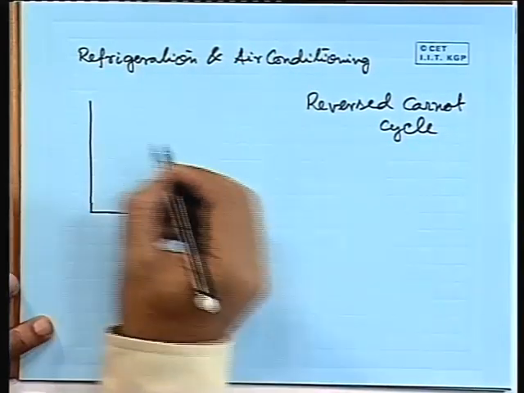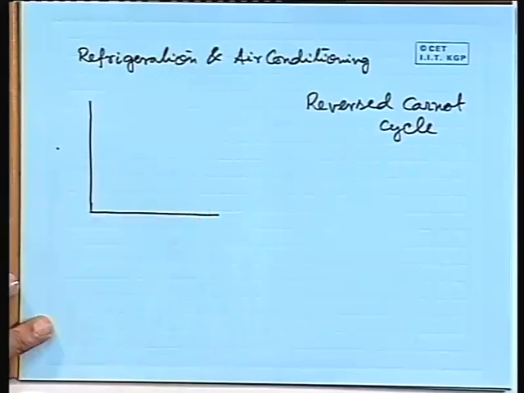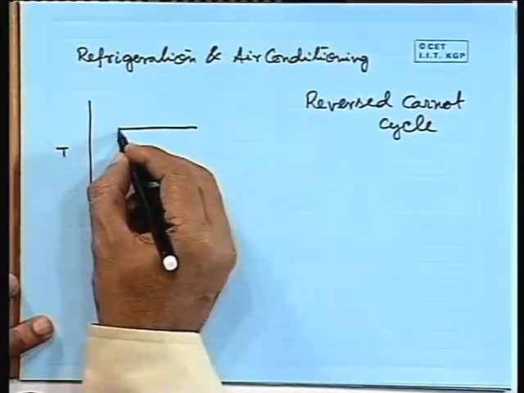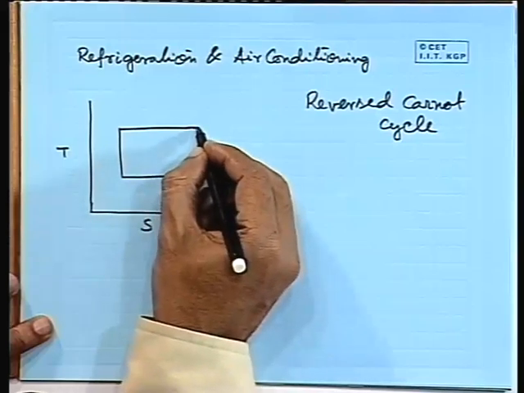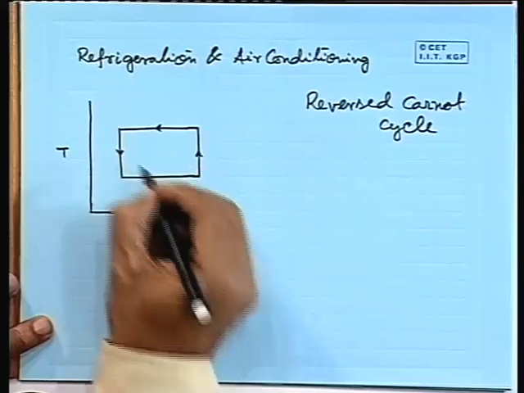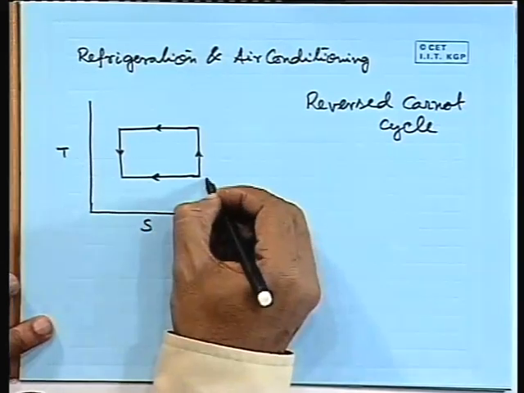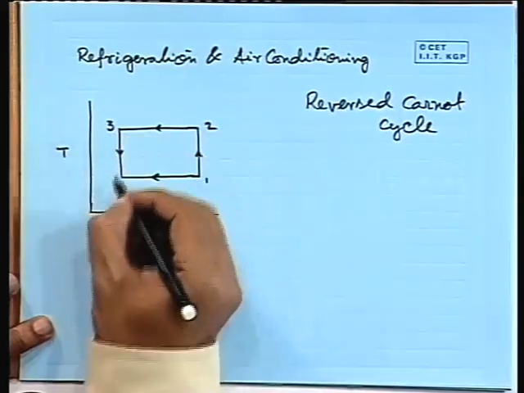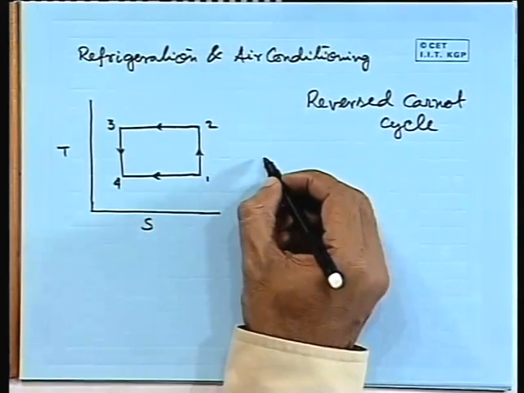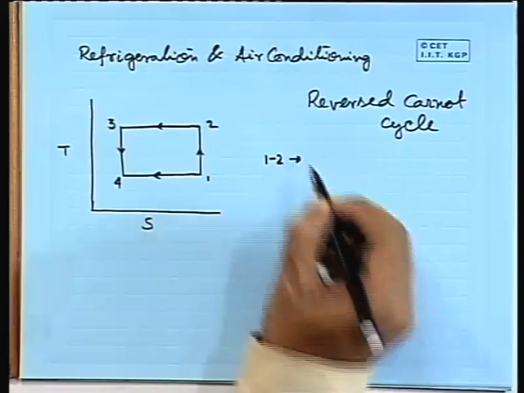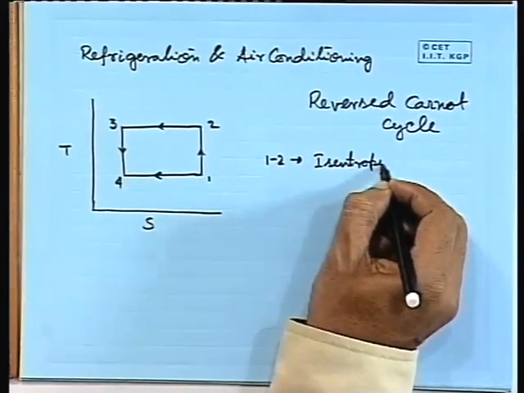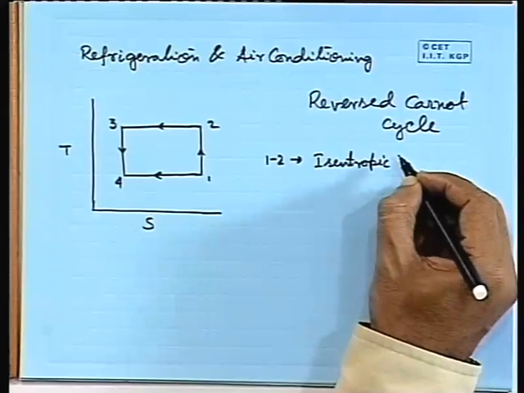We will have these 4 points and 4 processes. So, 1 to 2 we will have isentropic expansion, sorry, isentropic compression.